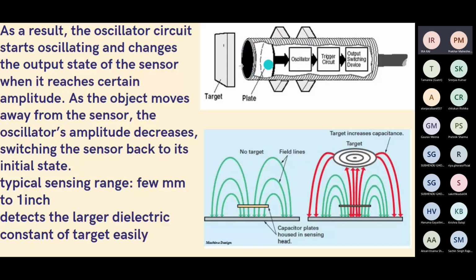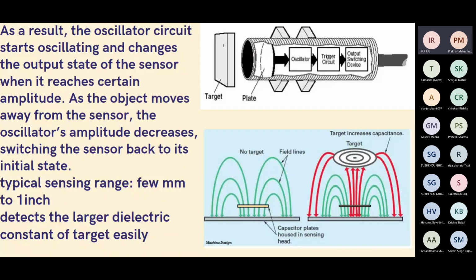As a result, as this target approaches, the oscillator circuit starts oscillating and changes the output state of the sensor, when some particular amplitude is reached. The oscillator circuits are generally of LC type, and as the object moves away from the sensor, the oscillator's amplitude decreases.